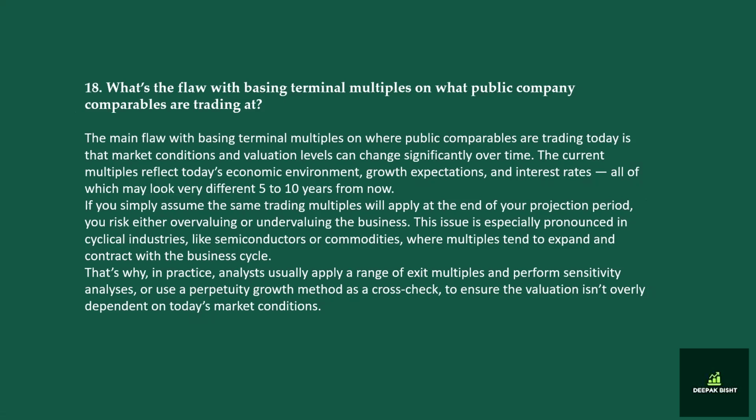So we need to understand whether a multiple approach would be better or the Gordon growth method. For Gordon growth, you need to look into the economy, the GDP, and other factors also. Gordon growth is used for mature companies.